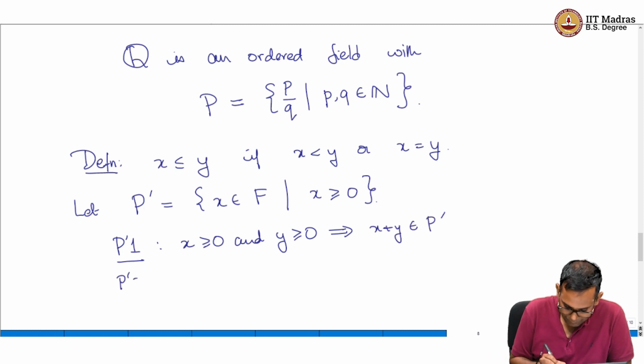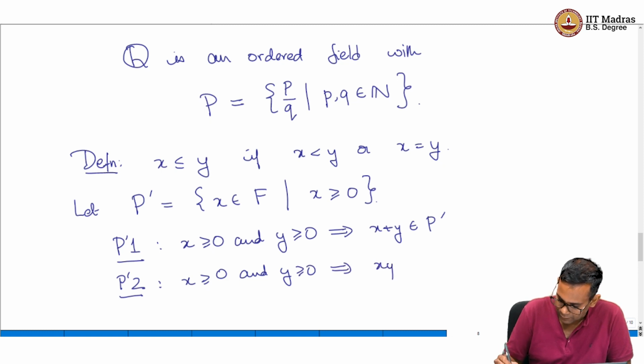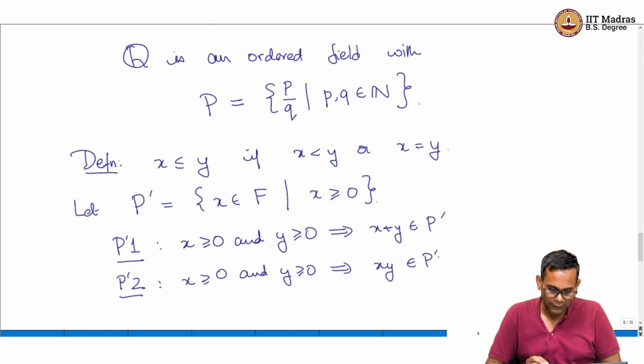And P2 prime says that if x belongs to P prime and y belongs to P prime, then xy belongs to P prime. It is easy to prove these starting with P1 and P2, because x greater than or equal to 0 means that either x is positive or x is equal to 0, and you can work with these cases separately and get the right hand side.